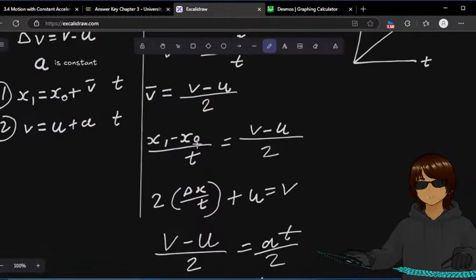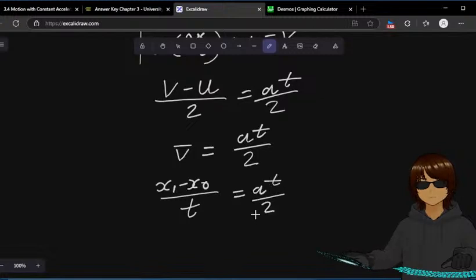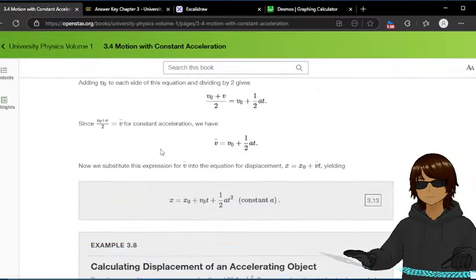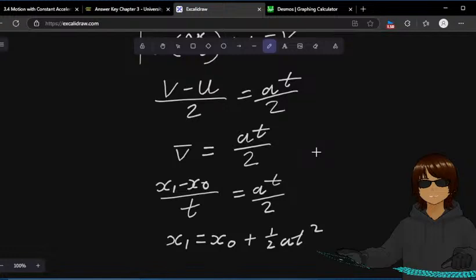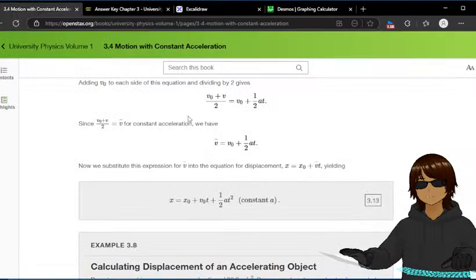Average velocity is also this. So this plus half a t squared. No, I missed something.